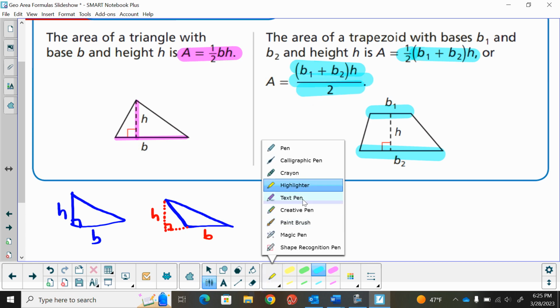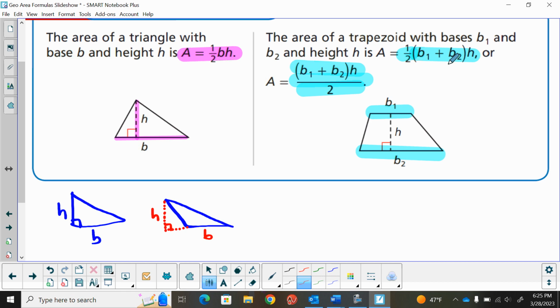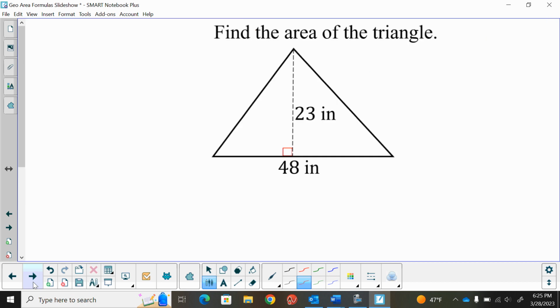So really it's whatever you prefer. You can do base 1 plus base 2 times height times 1/2, or 1/2 times base 1 plus base 2 times height. Or you can add the bases together, multiply by the height, and then divide by 2, which is the one I normally like to do.